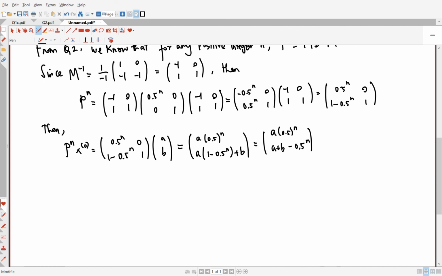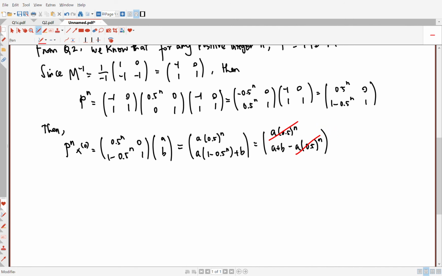And we see that as n tends to infinity, this will tend to 0, and this, a times 0.5 to the power of n, will also tend to 0, right?